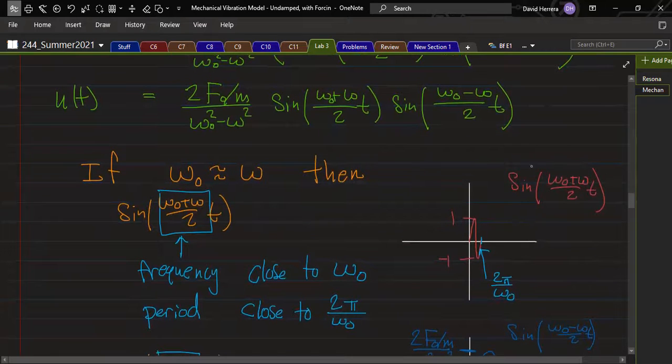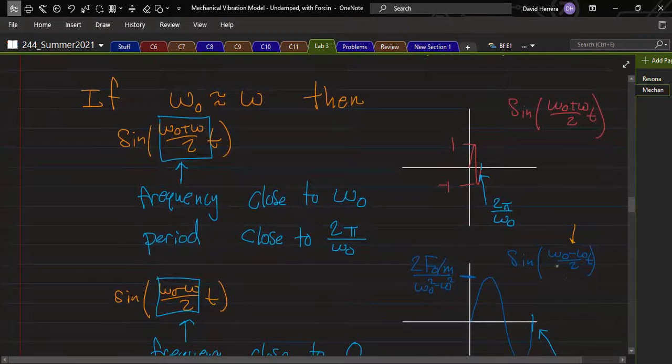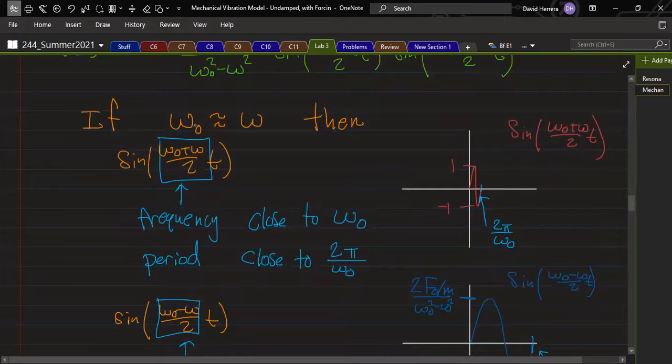So here is what this part is here. And the frequency here is the average of omega naught and omega. And here I have a frequency that's the difference divided by 2. So if I have omega naught close to omega, then their average is close to just omega naught. So the frequency is close to omega naught, so the period is close to 2 pi divided by omega naught.